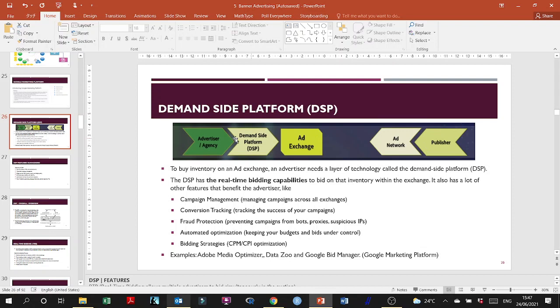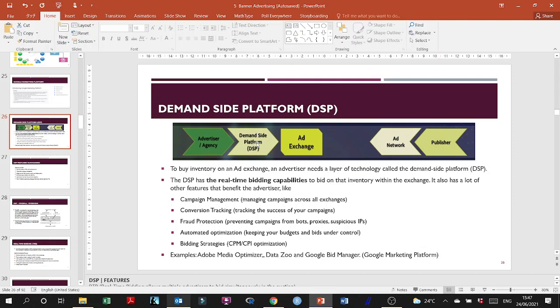Then you get the money from the advertiser, you capture value from the advertiser, and then you deliver the value to the publisher through part of the fee that you earned from the advertiser. Usually you keep the commission and then you pay the publisher the remaining. So this is fair. This is a very good business model. It's a win-win. It's actually a win-win-win situation.